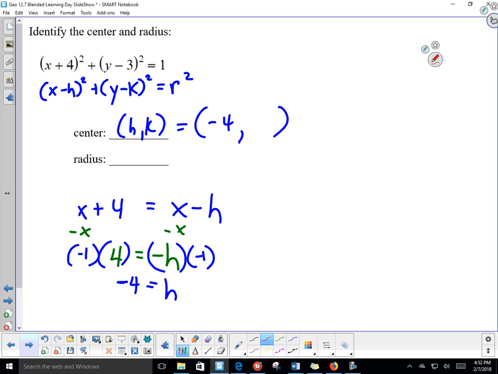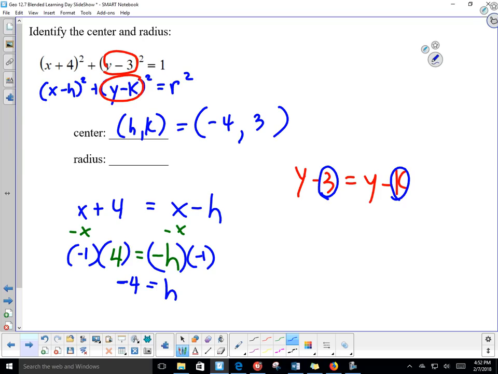And here I see that the y minus 3 part is going to be our y minus k. So if y minus 3 is equal to y minus k, then I can subtract 3, or I can just notice that the 3 must be equal to the k. So if k is equal to 3, then my center is (negative 4, 3).